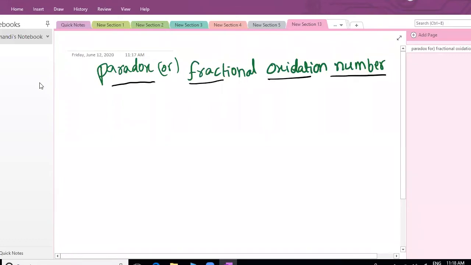Fractional or paradox oxidation number. For example, here Mn3O4. What is the oxidation number of Mn? Mn is X. But how many atoms are there, sir? Here 3. So 3X plus 4 into minus 2 equal to 0. Then X equals 8 by 3.